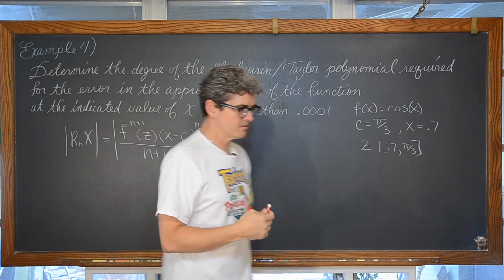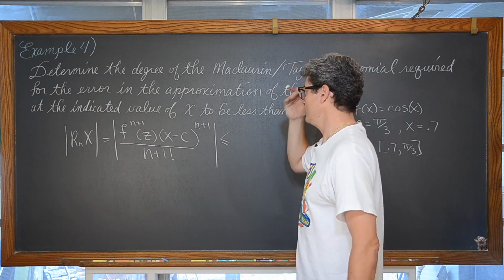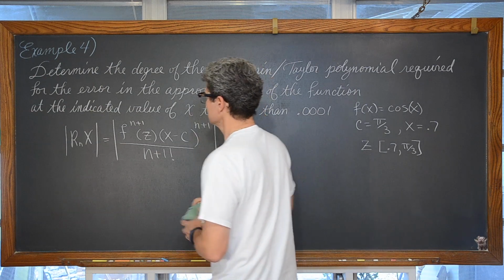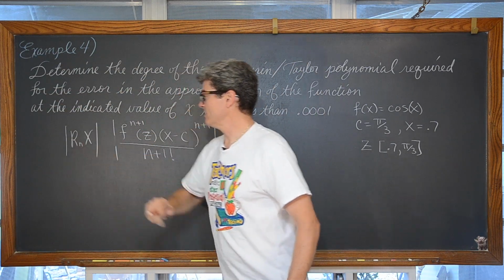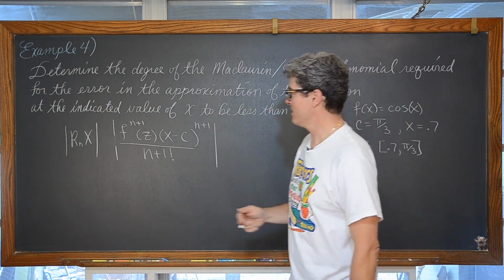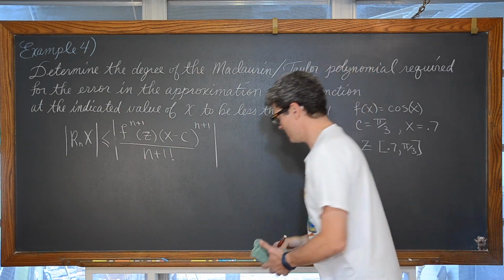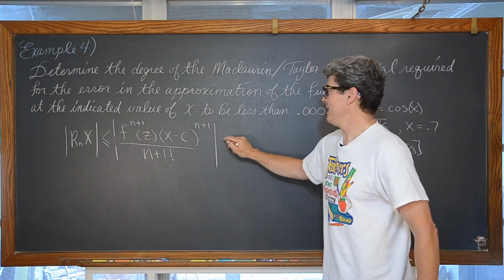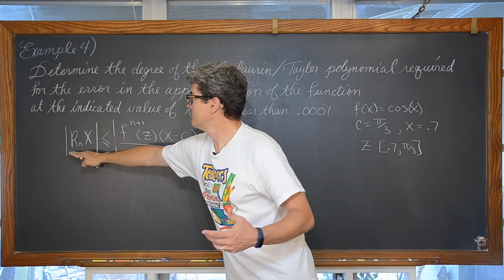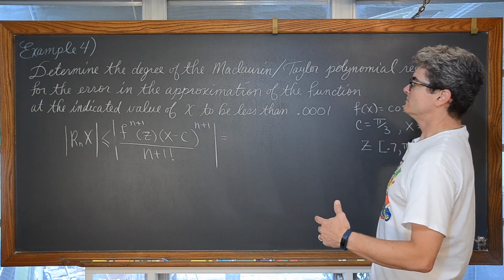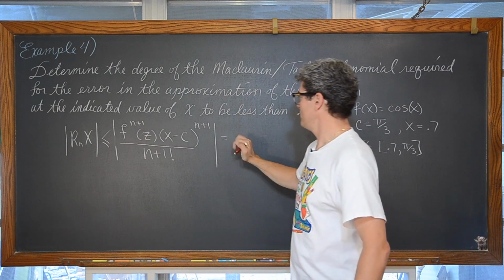Now we want our remainder, our maximum possible error, to be less than or equal to this value that we're getting from the Lagrange form of the remainder, and we want our error in the approximation to be less than or equal to 0.0001.